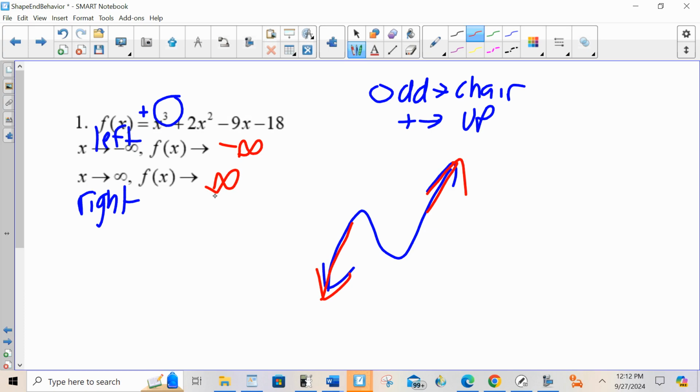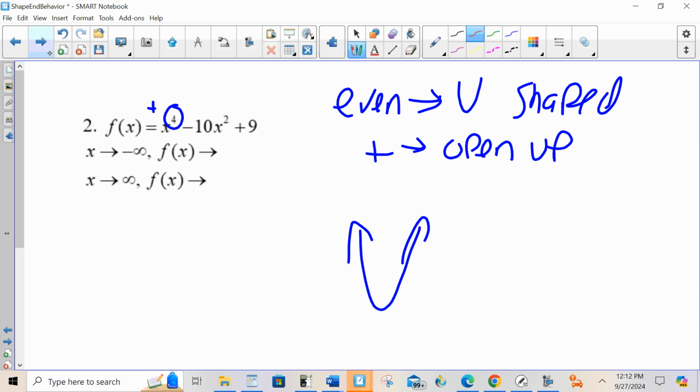Up is positive infinity. Number 2, as x approaches negative infinity, that means as I look to the left, the graph is pointing up. Up is positive infinity. As x approaches positive infinity, that means as I look to the right, the graph is going up. That's positive infinity.